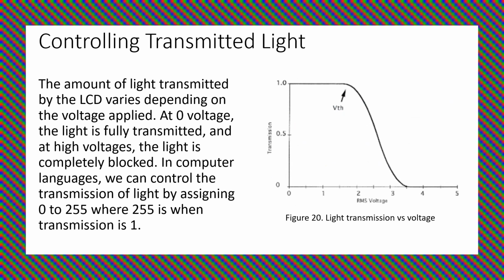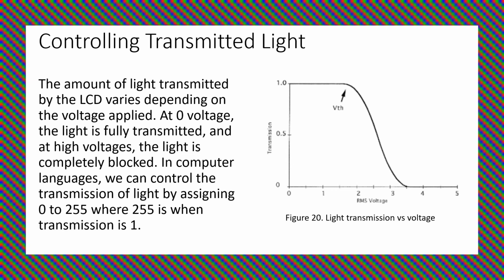Now, the transmitted light across the liquid crystals can be controlled by applying a voltage. The applied voltage has a voltage threshold, but as soon as you pass the threshold, the transmission of light becomes sensitive to the increase of voltage, where as you increase the voltage, it lowers the transmission.